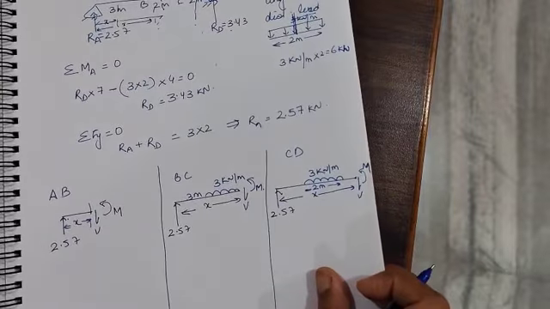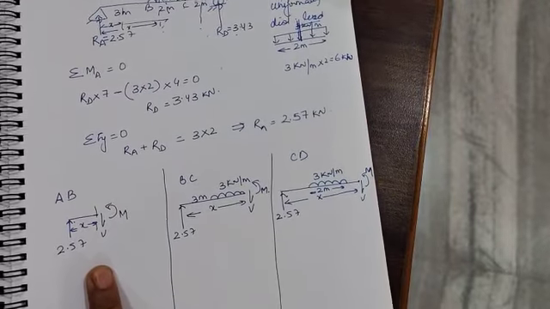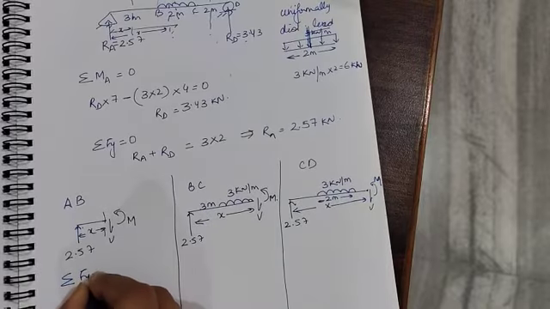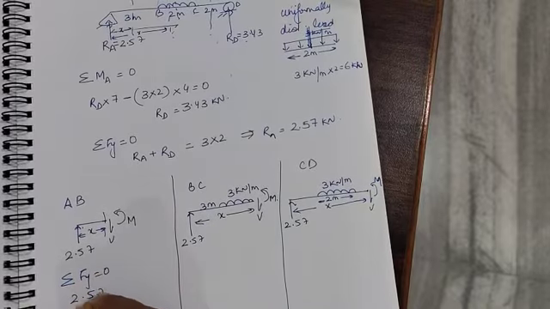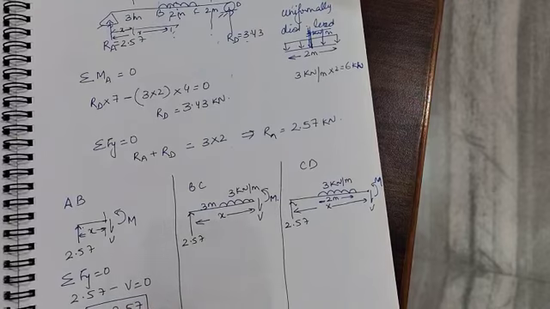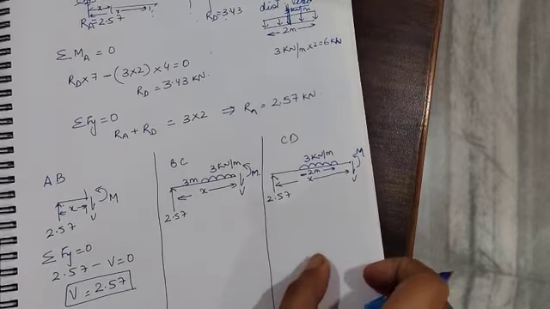Let us quickly write down the equations for shear force and bending moment. For the first section, what will be shear force? Summation Fy equal to 0, that is 2.57 minus V is equal to 0. So V is constant, 2.57. Now write moment equation equal to 0.